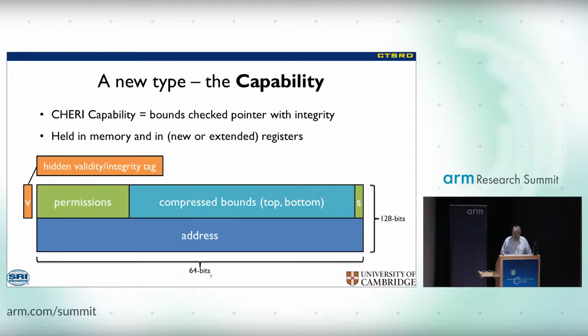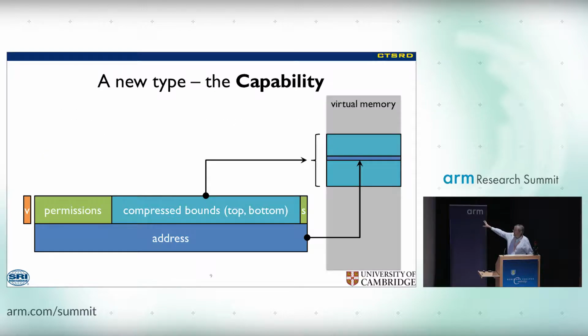The actual bounds component is really very simple. It just gives you the bottom and the top of the region, and the address points somewhere inside that region. It can, in fact, also point outside that region.